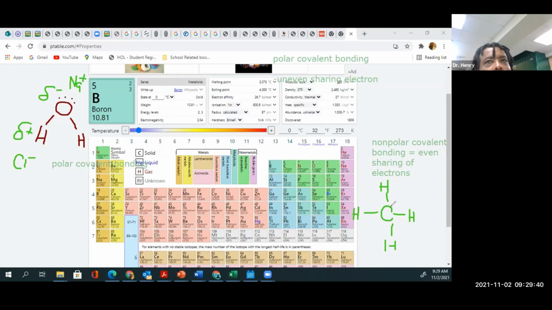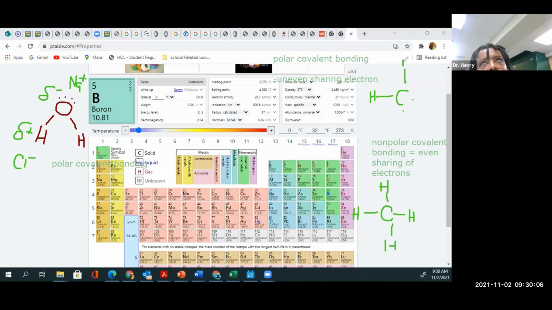You'll notice carbon normally has 4 valence electrons. I should probably show you guys this at some point. And hydrogen has 1 valence electron. Hydrogen wants to be like helium, so it wants to have a total of 2 electrons around it. So it's going to be sharing its 1 electron with one of carbon's electrons.